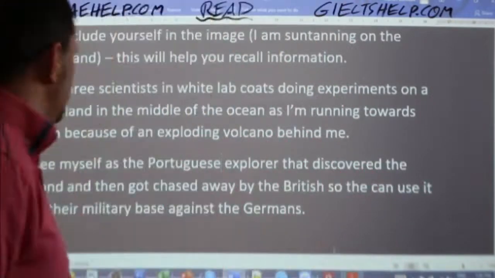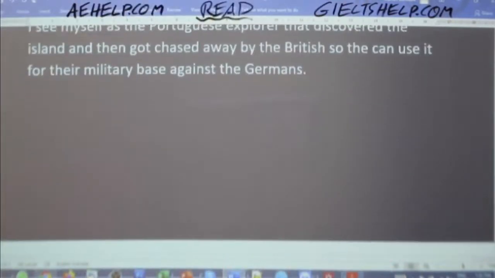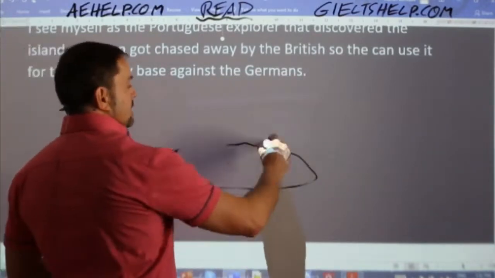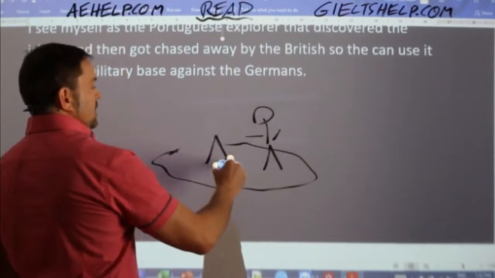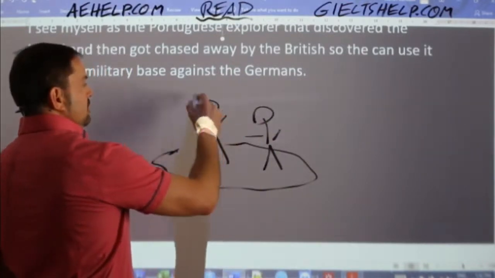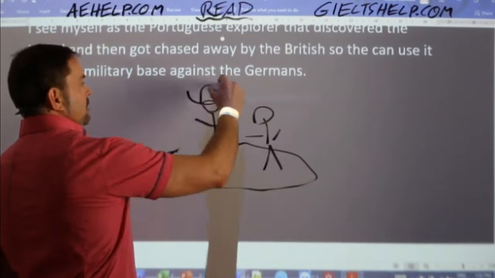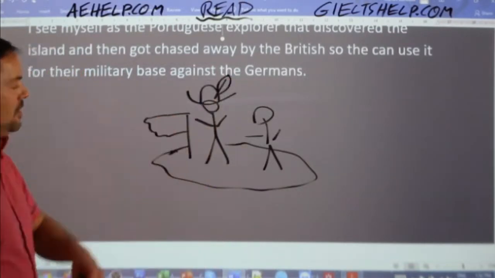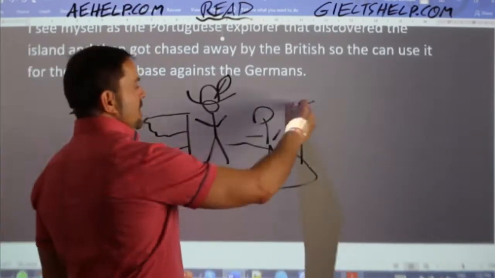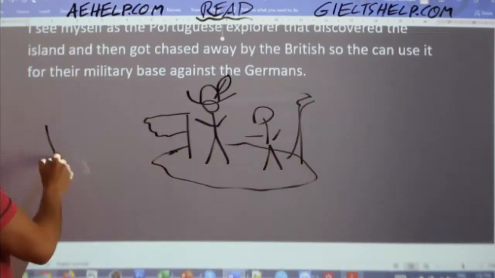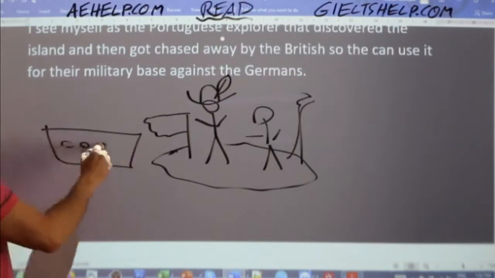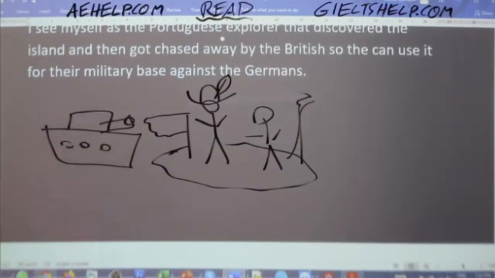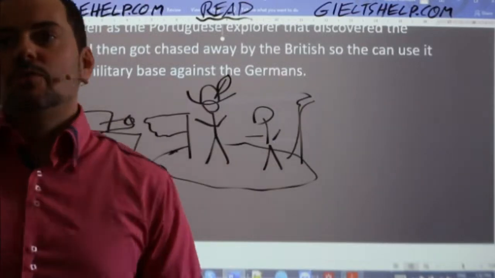Good, so Maksud is basically saying, hey, girls and guys, what I'm seeing is here's the island, and here I am, and here's the Portuguese captain, maybe with a big captain's hat with a feather sticking out of it, who has now put his flag down and said, hey, we're calling this island by my name. And then, whoa, here comes the British naval ship chasing us off. They need it for military purposes, okay? So that's what you want to see. Very good.